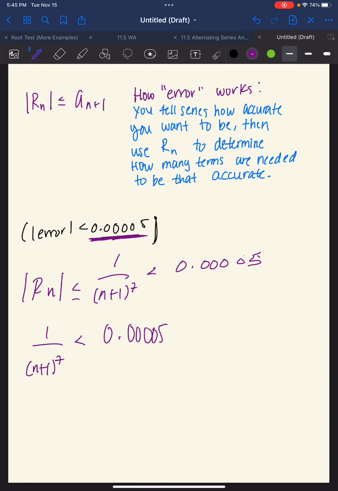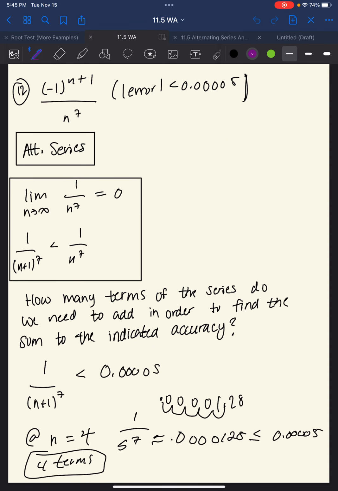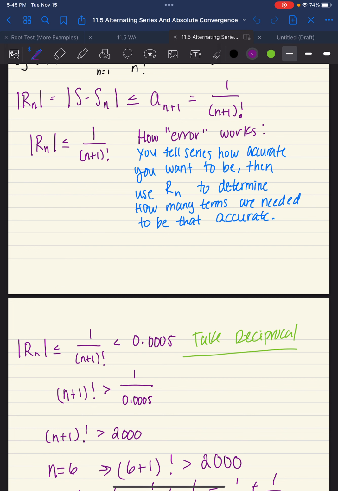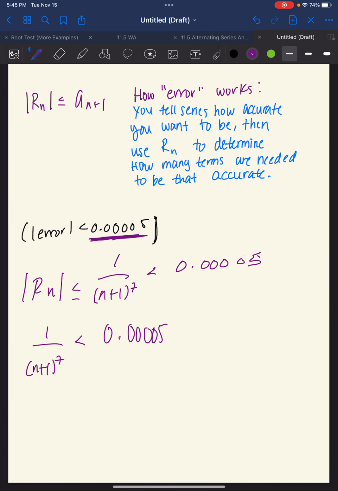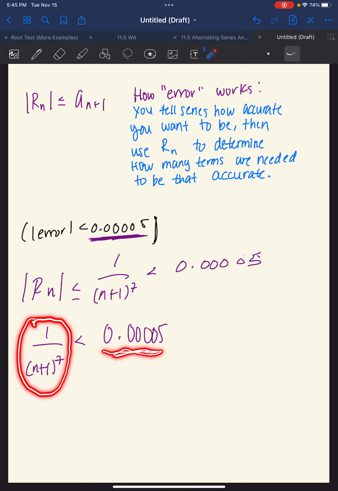From here, you're going to need a calculator for this. You're not doing this without a calculator, just saying. Since our series goes from 1 to infinity, we plug in numbers starting from 1, and when you evaluate this equation, you have to get as high as you can without going over this number right here.